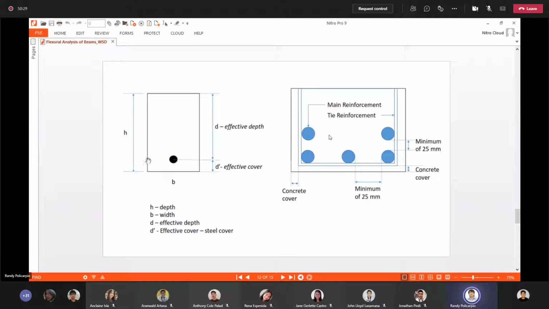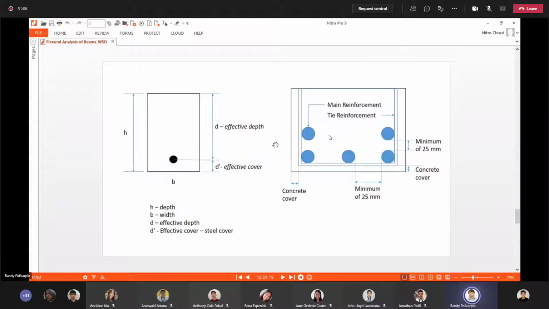Okay? So kung isang layer yung bar mo, kagaya nito isang layer, no? Ito yung pangalawang layer. So kapag isang layer lang, yung effective cover mo, it will be measured from the center of the bar up to the outer edge of your section, no? Measured at the bottom, okay? So yun yung effective cover. Ngayon, kapag dalawang layer yan, kukunin mo yung centroid ng group of bar.